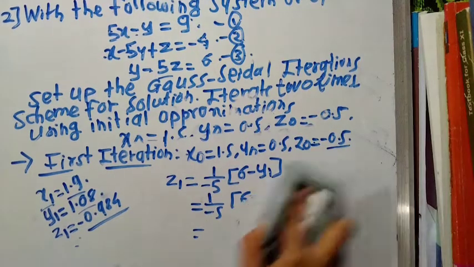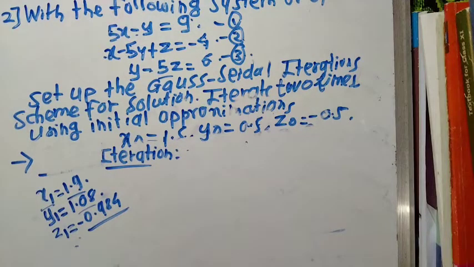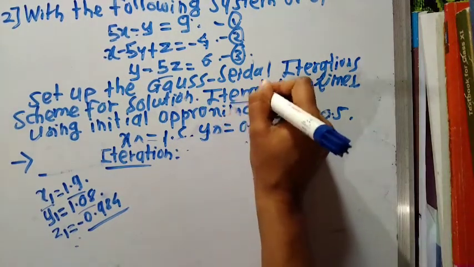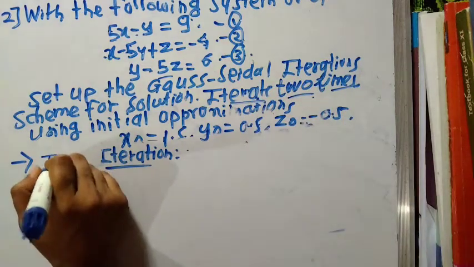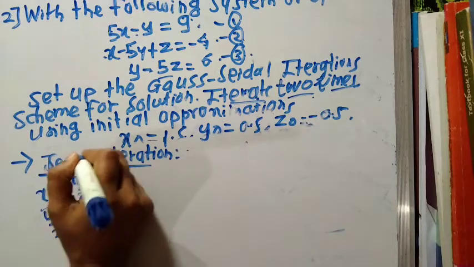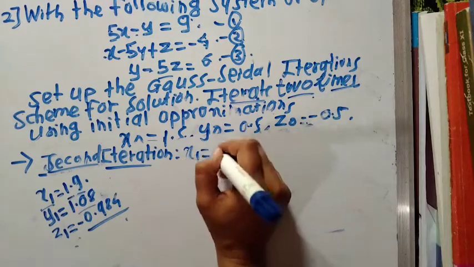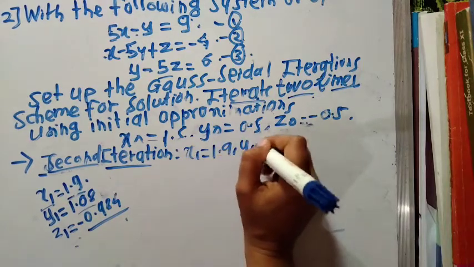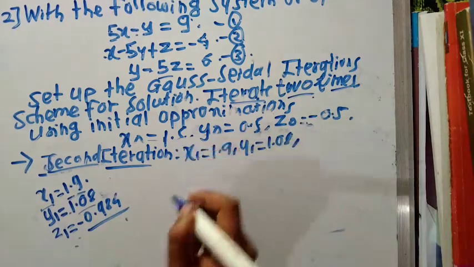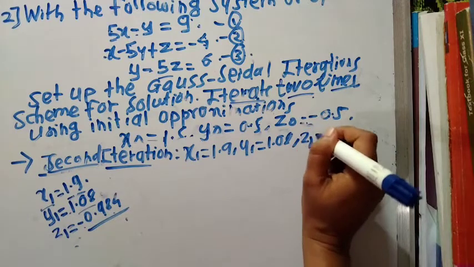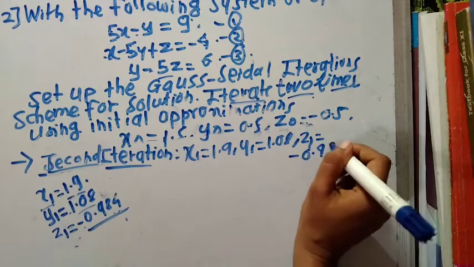Then from this, iterate two times, means only find two iterations. In second iteration, x1 is 1.9, y1 is 1.08, and z1 is equal to minus 0.984.